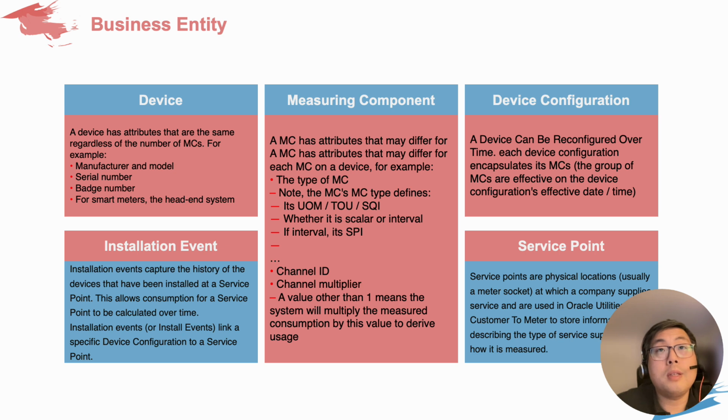We need to look at the details when we are designing these systems. A value other than one means the system multiplies the consumption, the derivative usage. That's right. So this is an overview of this object, and I hope it makes sense to you.